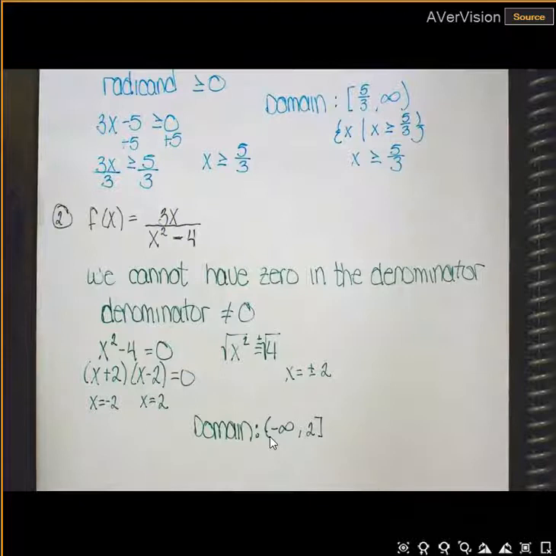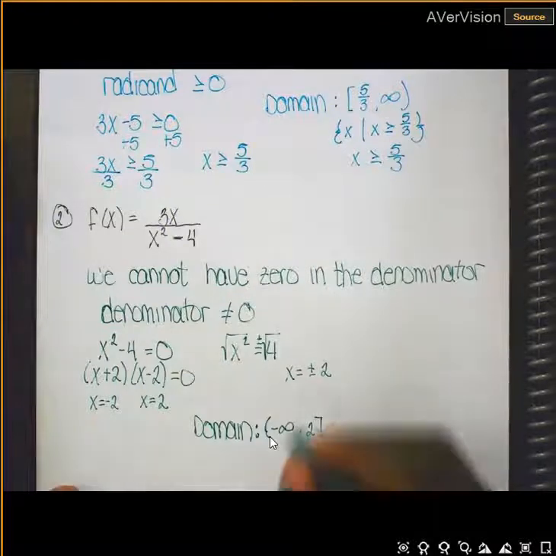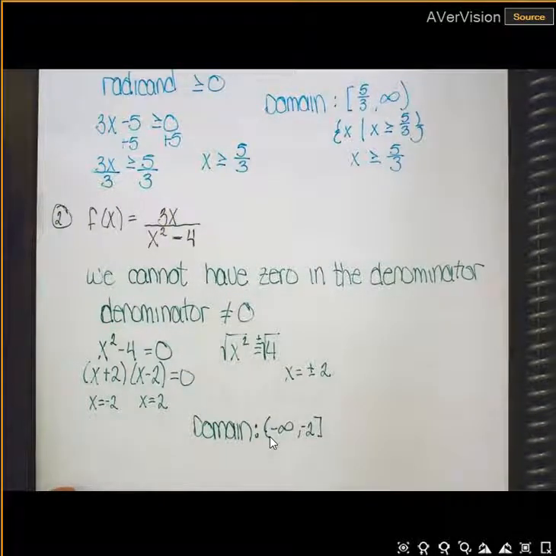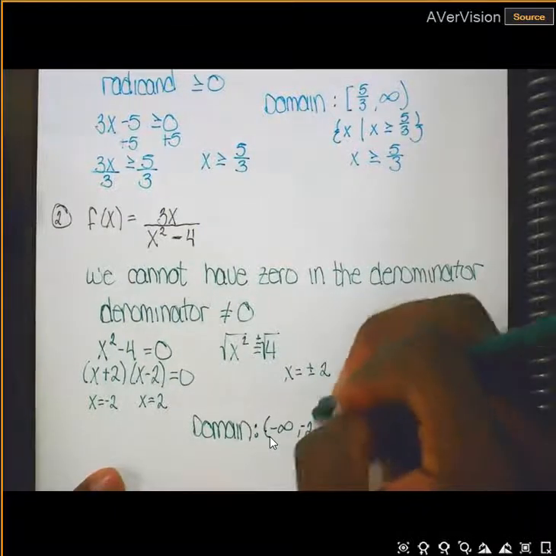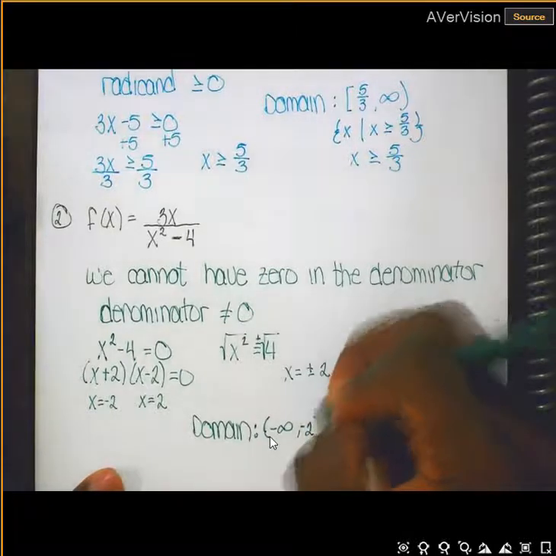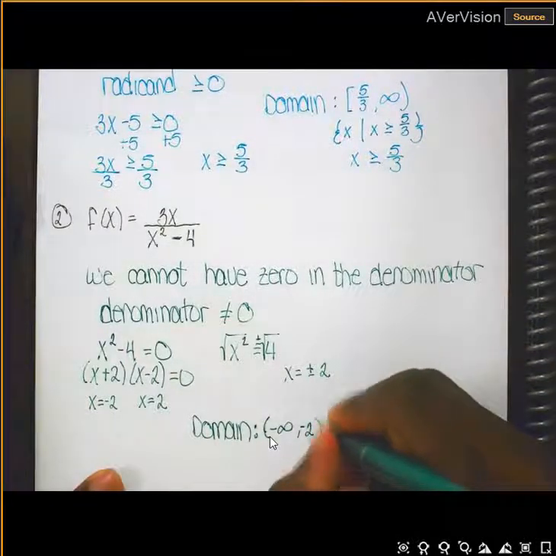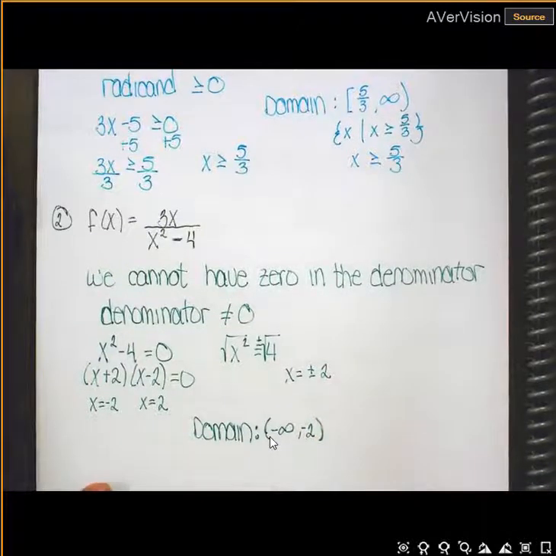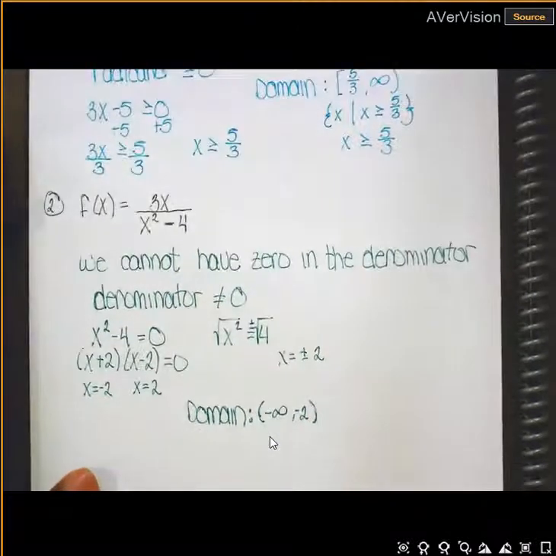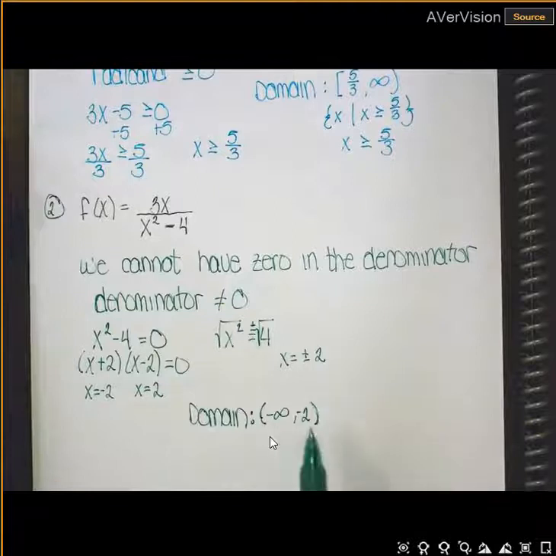What else? There's more. I switched this one from a bracket to a parenthesis because we said it cannot equal negative 2.